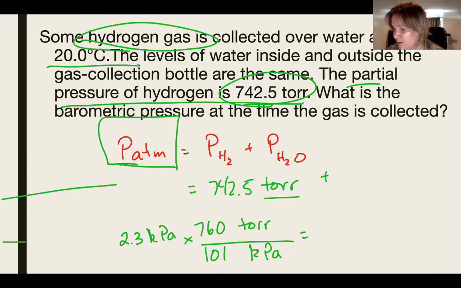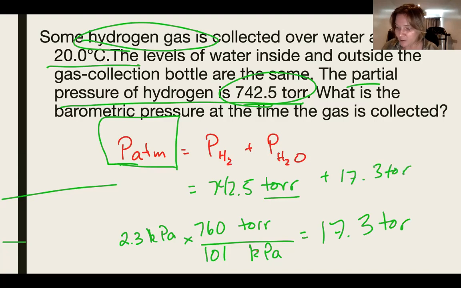So then I need to get out my calculator. I'm just going to use my phone. 2.3 times 760 divided by 101 is equal to 17.3 torr.